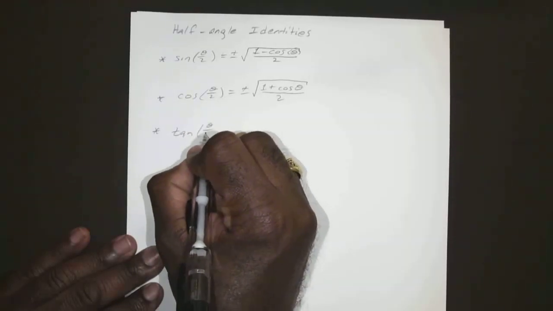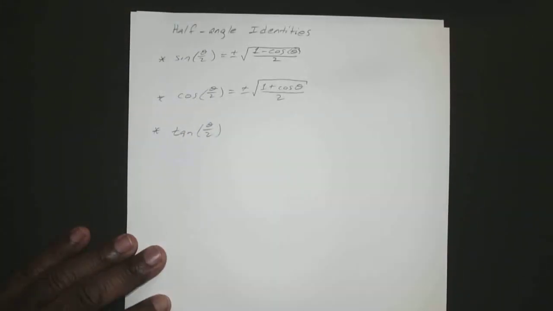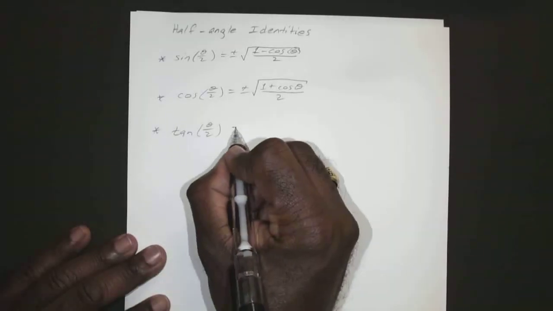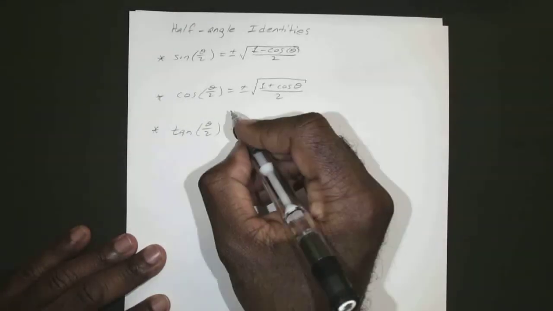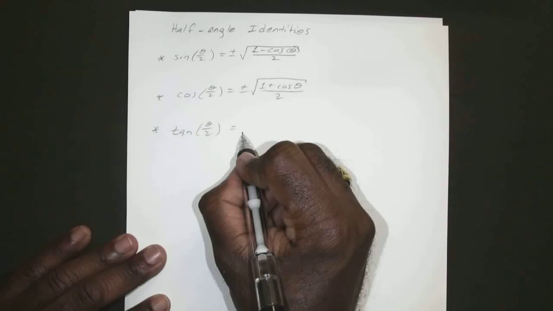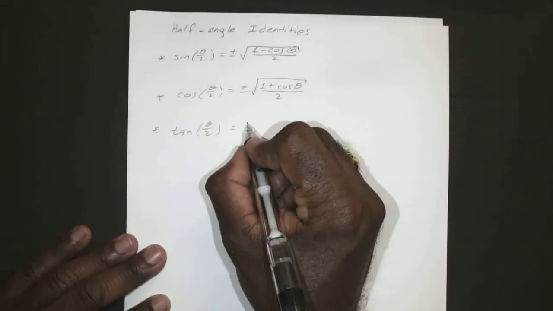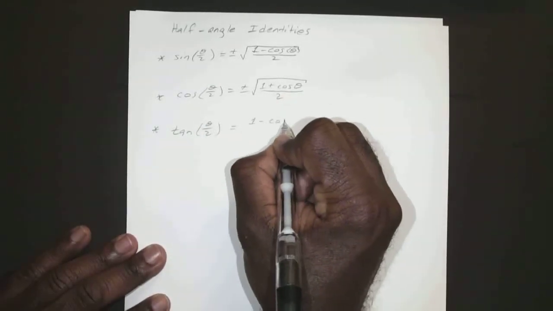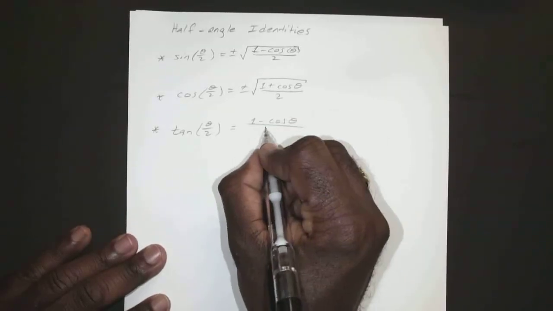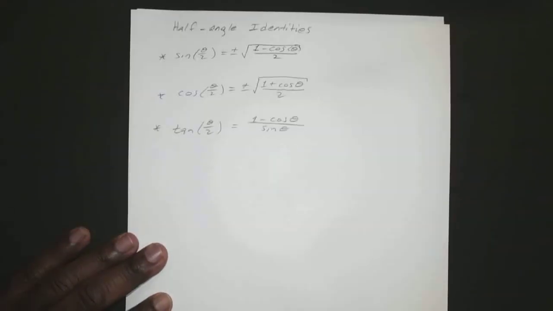And tangent of theta divided by 2 actually has a couple. You could say 1 minus cosine of theta divided by sine of theta.